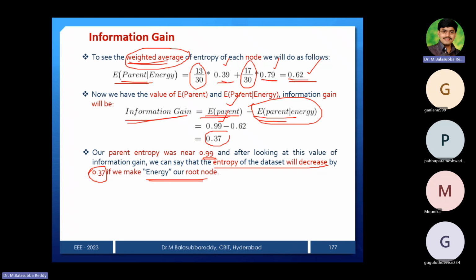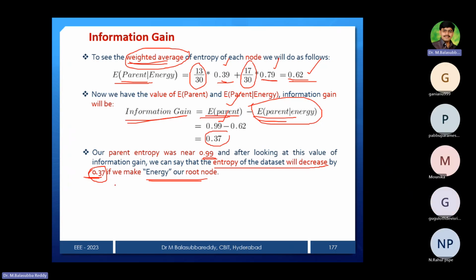Instead of 0.99 entropy, the entropy, which is impurity, is now reduced. That means information gain is measuring the impurity. It is reduced from 0.99 by 0.37. This is the value of information gain if the root node is energy.